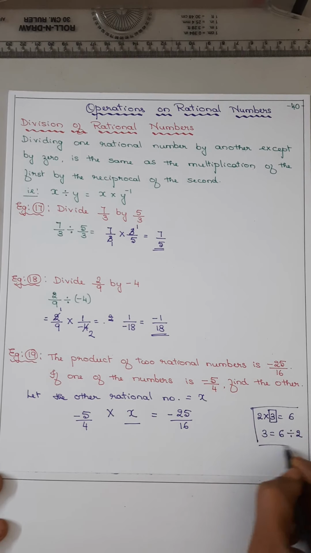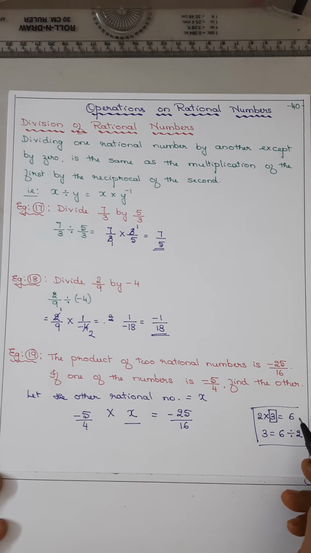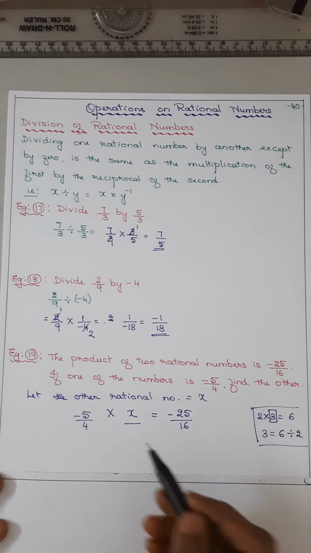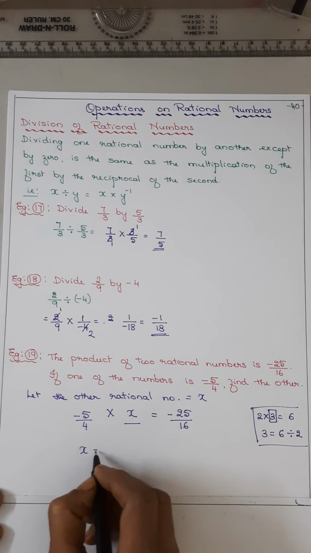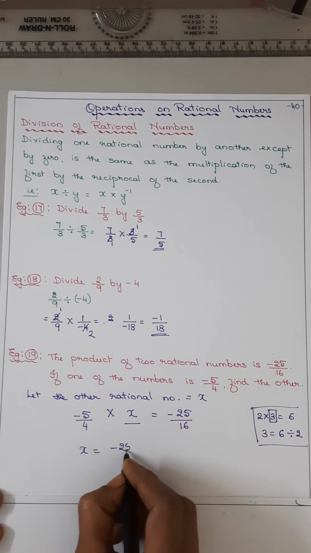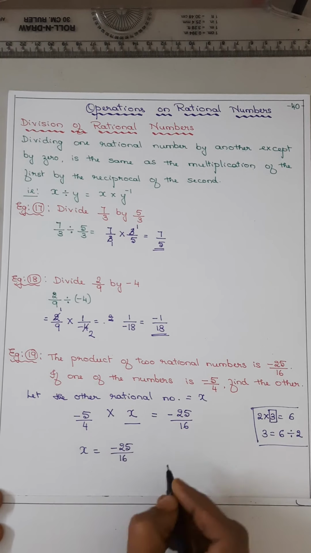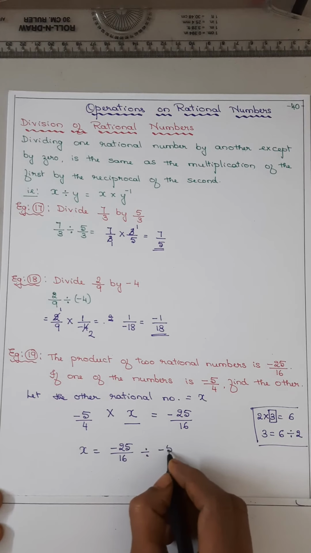So to get the second number, we have to divide the third number by the first number. Here also use the same. So x is equal to the third number, minus 25 by 16, divided by the first number, minus 5 by 4.